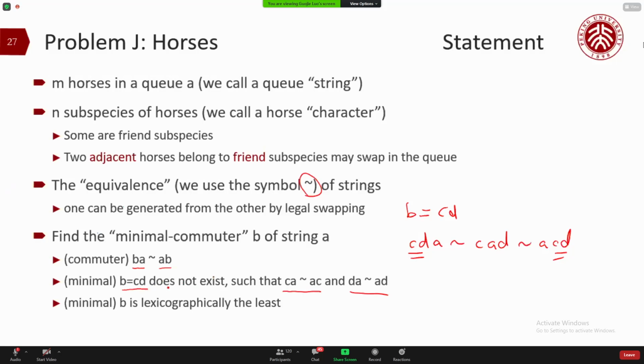So B cannot be decomposed into CD such that both C and D are commuters. This is one meaning of minimum. The other meaning of minimum is that B is lexicographically the least. And our problem is to count the minimum commuters B of string A. So this is the problem statement.